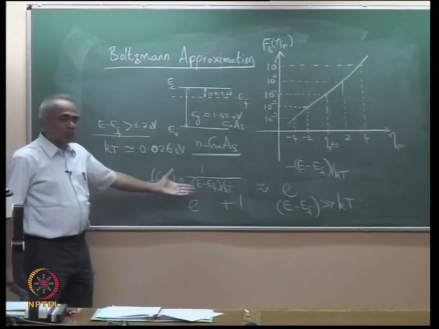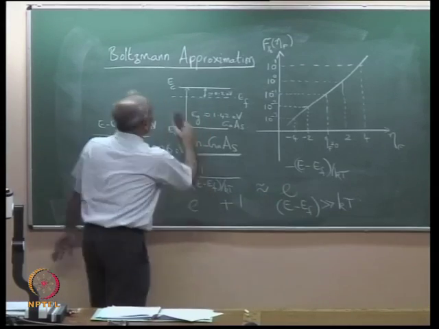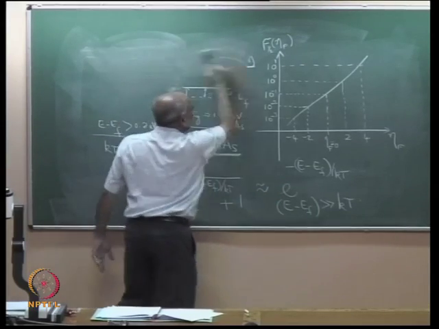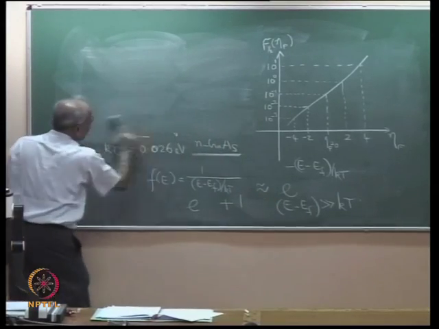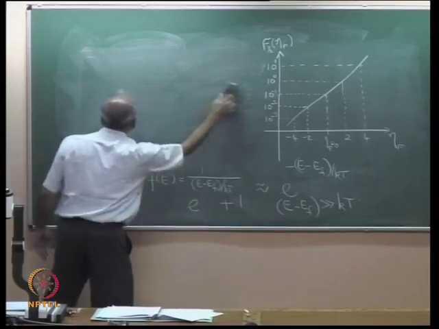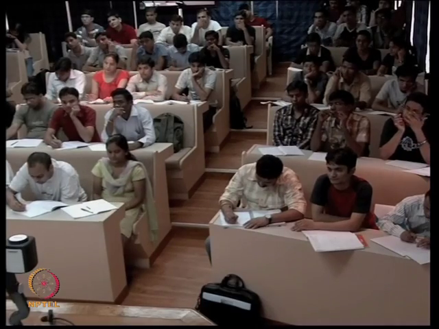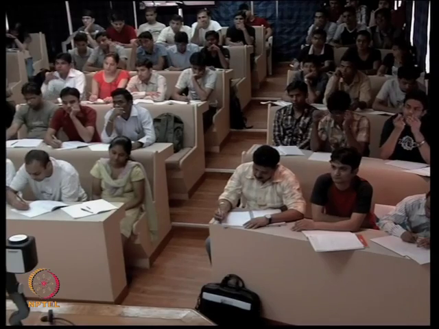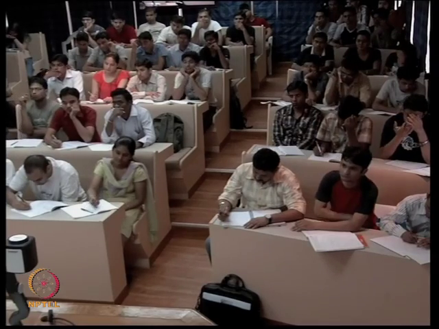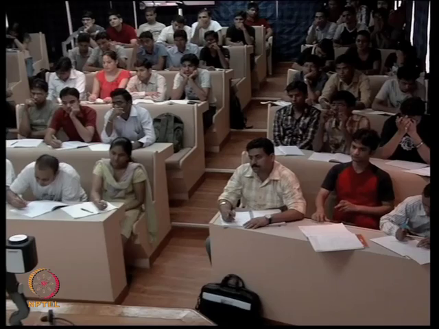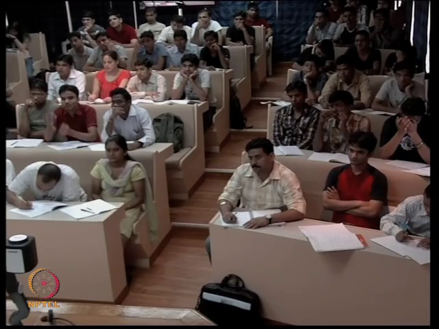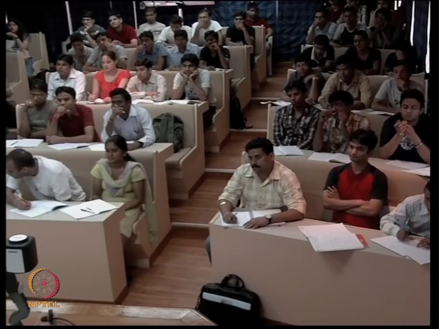If you substitute this, then that integral is easily integrable. This is true for both the conduction band and the valence band. The only requirement is that E minus EF should be much greater than KT; for the valence band, EF minus E should be much greater than KT.